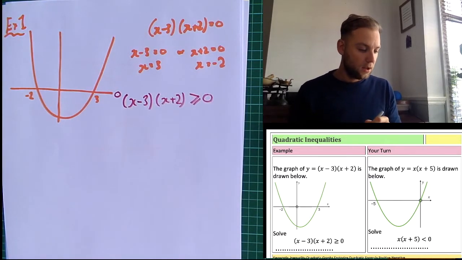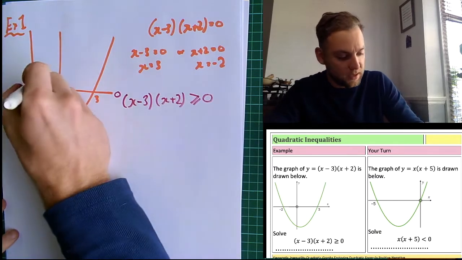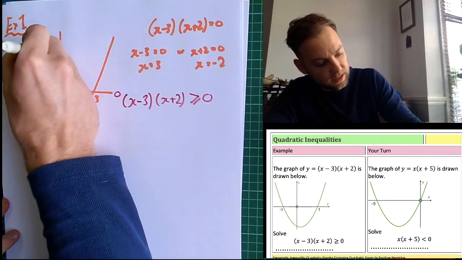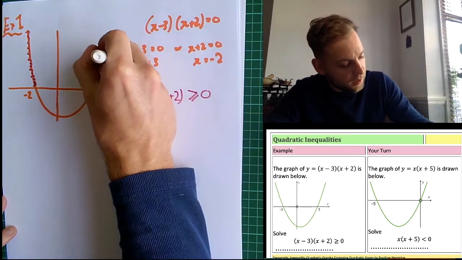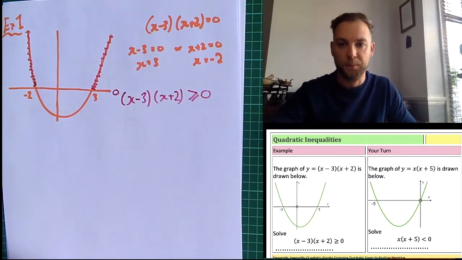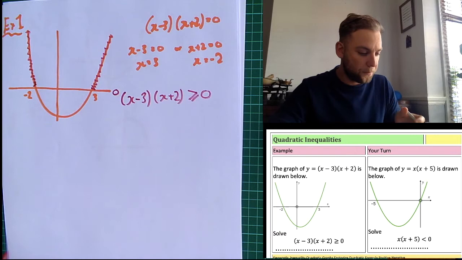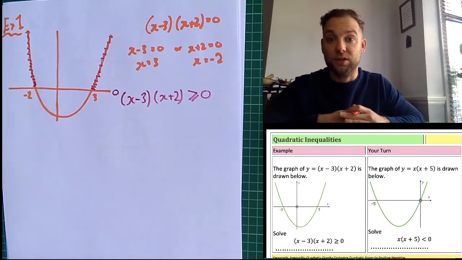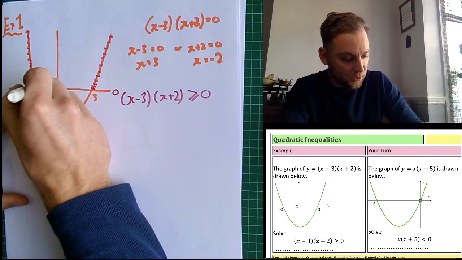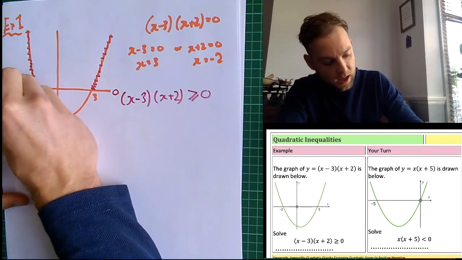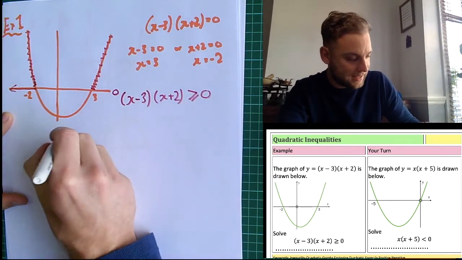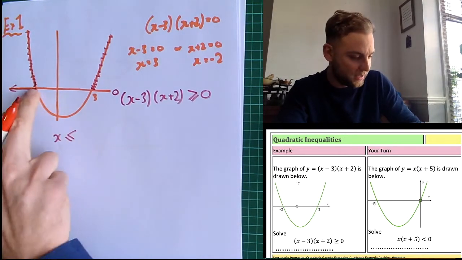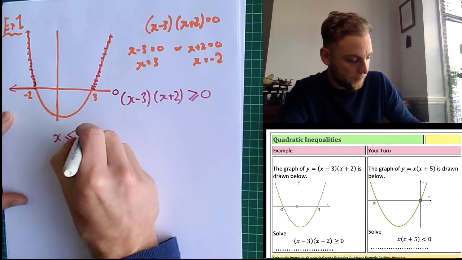So when is this going to be greater than or equal to 0? Well, it's going to be this part here, but also this part here is greater than or equal to 0. Okay, so what are my x values when it's greater than or equal to 0? Well, my x values start at minus 2 and go this way, so x is less than or equal to minus 2, because it can be equal to minus 2.